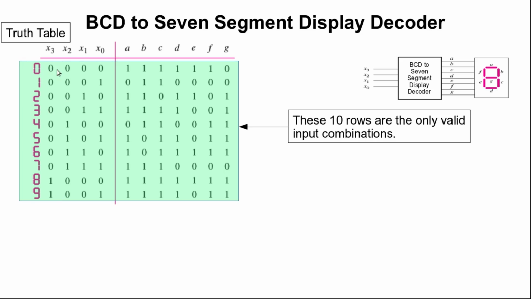So 0 is represented as 0 0 0 0, 1 is represented as 0 0 0 1, and like that 9 is represented as 1 0 0 1. So only these are the valid input combinations, because we have decimal digits only from 0 up to 9.